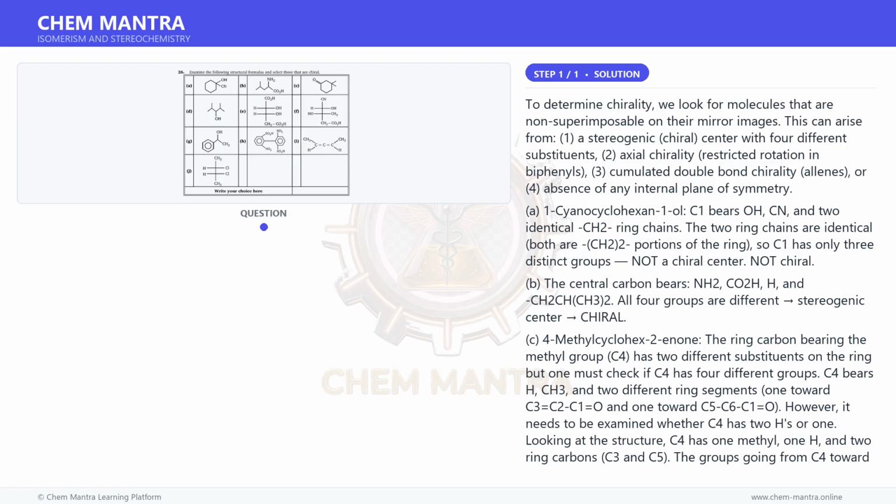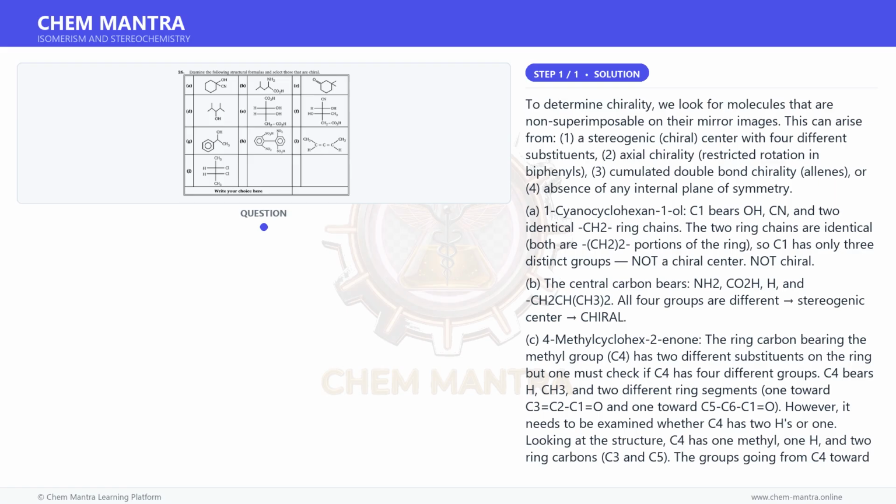F. 2 stereocenters. C1 has CN top, H left, O right, and the C2 chain below. C2 has HO left, CH3 right, H. Wait, looking again, top CN, C1, H left or right, C2, HO left, CH3 right, bottom CH2CO2H.